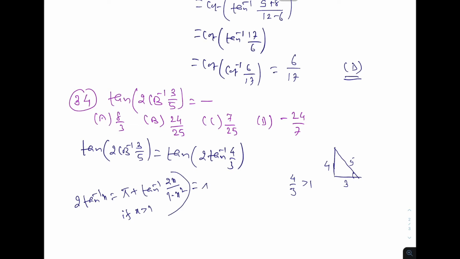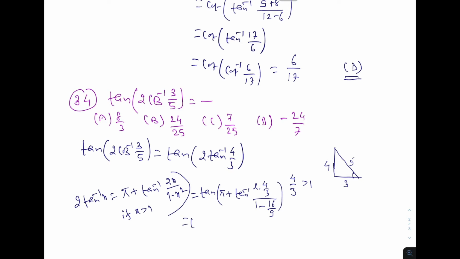So this is equal to tan of pi plus tan inverse of 2 times 4 by 3 over 1 minus 16 by 9.